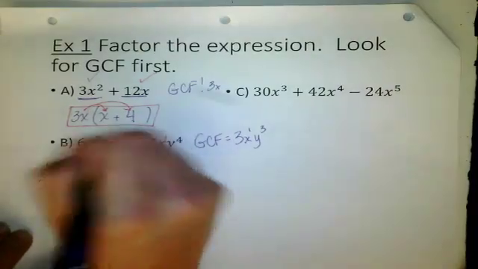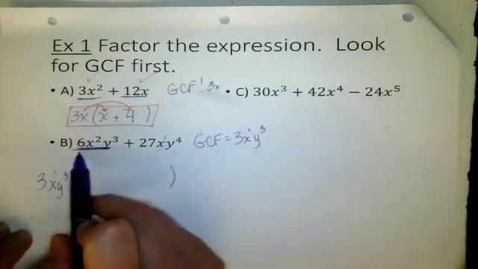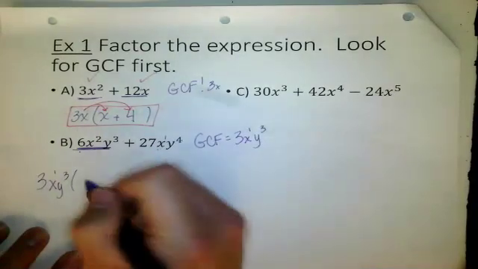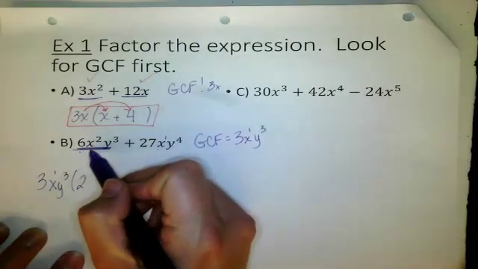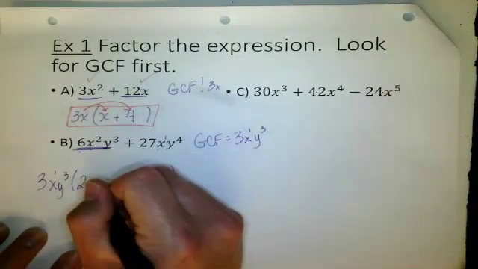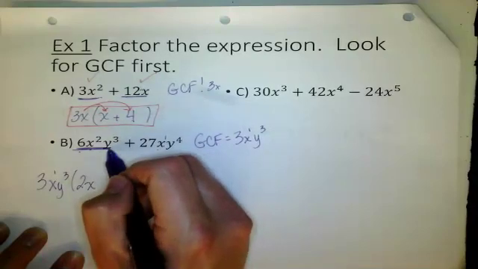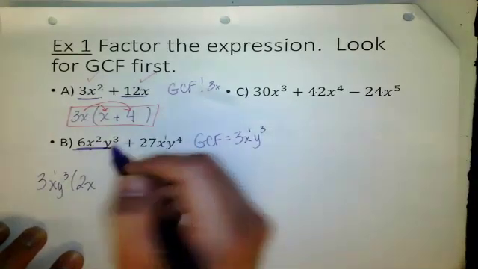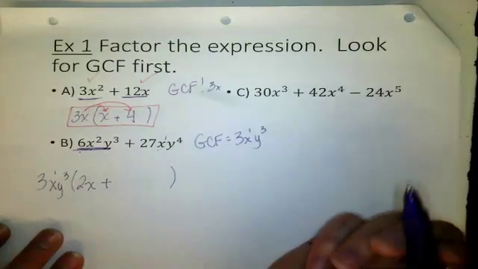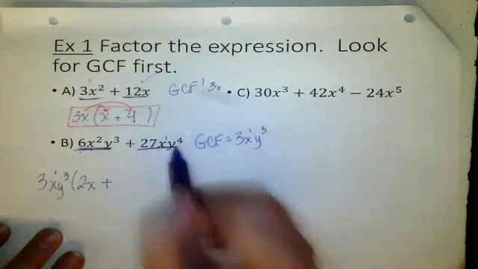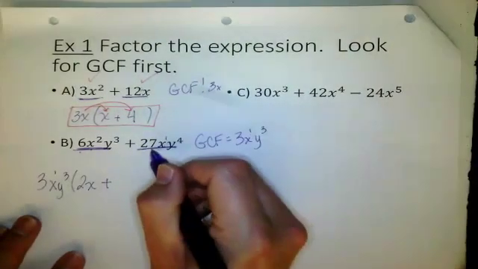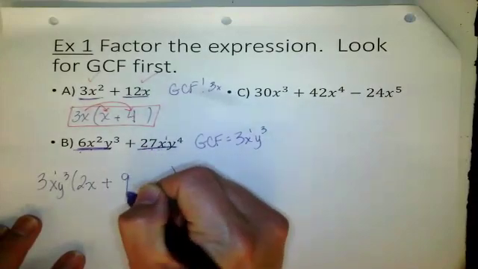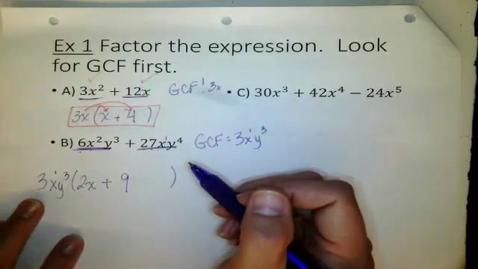So if I take out a 3, what's left in that first term? A 2. I take out an x, what's left behind? An x. If I take out a y cubed, what's left? A 1. Yeah, a 1. All right. What about the second term? If I take out a 3, what's left behind? 9. Oh yeah, 9.